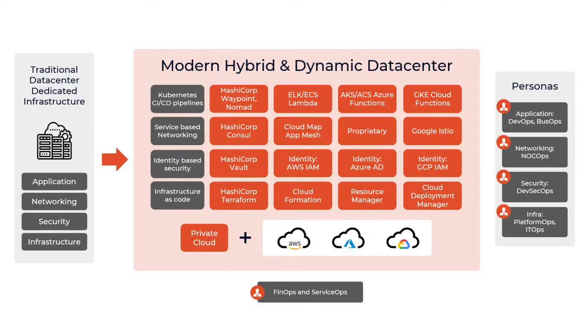So this affects at least four of the technology stacks: the infrastructure layer, the security layer, the networking layer, and finally the application layer. And how is that? The infrastructure layer is now increasingly getting deployed as infrastructure as code, leveraging declarative templates which prescribe how the infrastructure should be deployed.